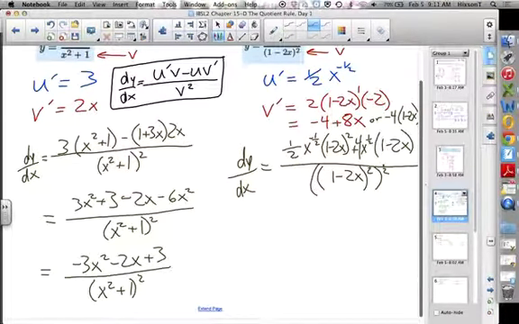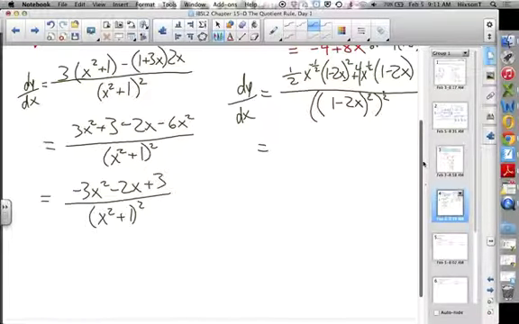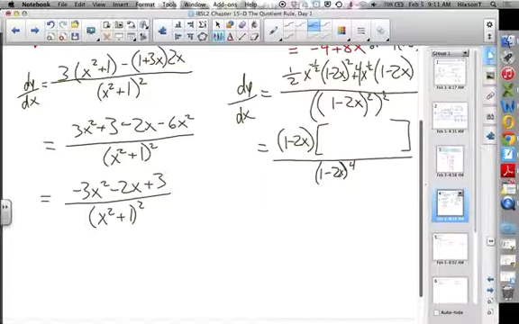And actually, that's a good thing to do because when you factor that out, you have a 1 minus 2x, and then you've got times all the leftovers, which we'll get to, but it's going to be over 1 minus 2x to the 4th power. And there you can reduce, okay? And this you will want to do, okay? You'd reduce this with this. Okay, so it'll just be 1 minus 2x cubed in the denominator.